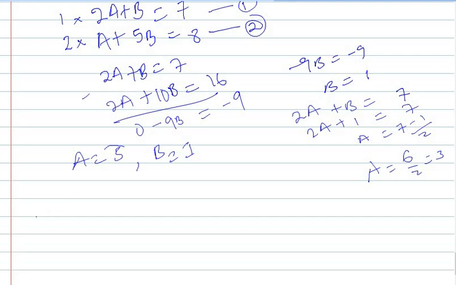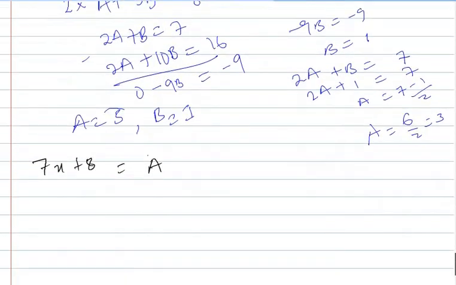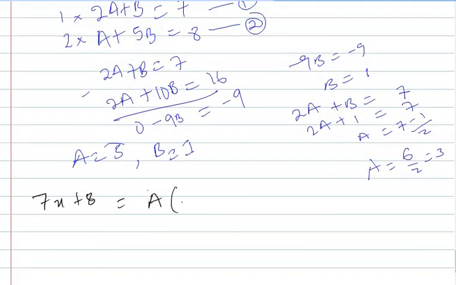So the second method for finding the unknown: we have our equation 7x plus 8 is equal to A times (2x plus 1), and the other one is B times (x plus 5).